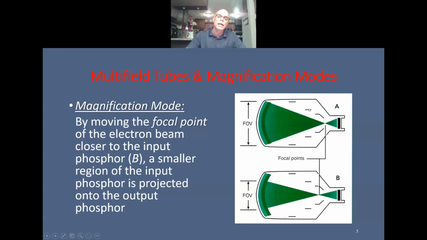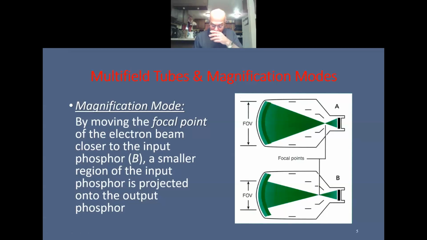All of these are getting stronger and it's pushing them in even deeper. So the actual focal point, as the voltage is increased even greater here, moves closer to the output and further away from the input. Okay? I had a pretty good explanation in the book. I hope I explained it well enough.